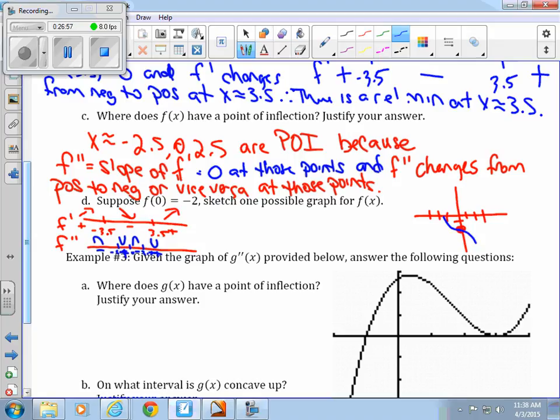We're going to see how that would work. At 2.5 and negative 2.5, I have another change in concavity. I'm still decreasing, but now I'm changing to concave up. And I do have a minimum at 3.5. And then I have a maximum at negative 3.5. So you can kind of see those changes in concavity.